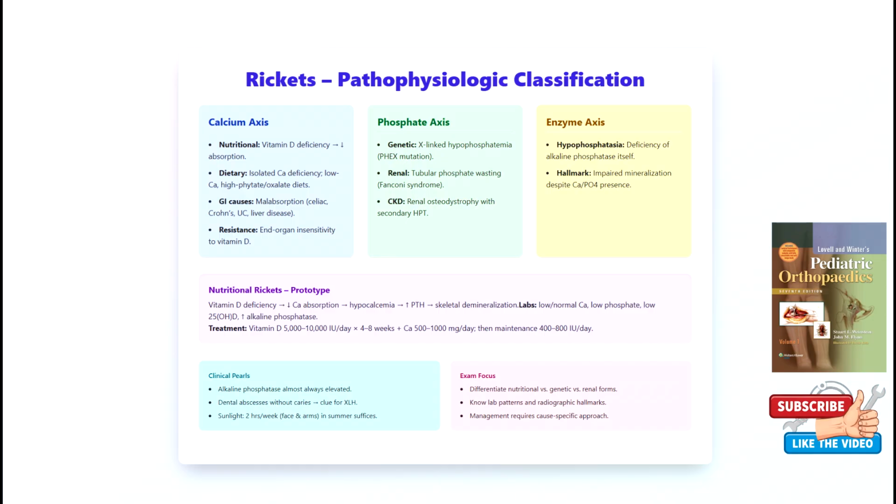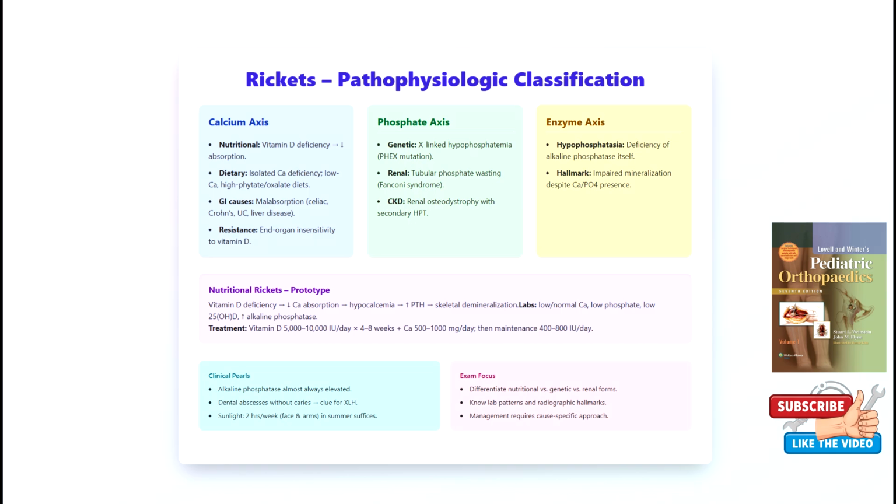Treatment of nutritional rickets is straightforward, but must be adequate. We use vitamin D in doses of 5,000 to 10,000 IU per day for 4 to 8 weeks, combined with calcium supplementation of 500 to 1,000 milligrams per day. Once biochemical and clinical normalization occurs, maintenance vitamin D is given at 400 to 800 IU daily.